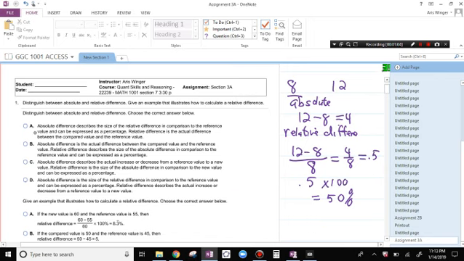So let's see which choice this is. Absolute difference is the actual difference between the compared value and the reference value. Relative difference describes the size of the absolute difference in comparison to the reference value and can be expressed as a percentage.